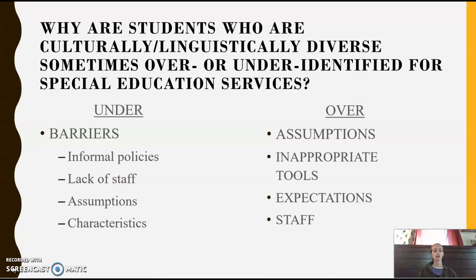They can also be over-identified, again with assumptions, the inappropriate tools, and we expect them to automatically know what to say. And like any student, they need to be taught. We need to teach them how to speak English after we get their language, like smooth.